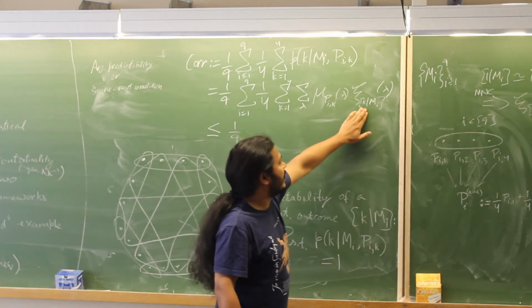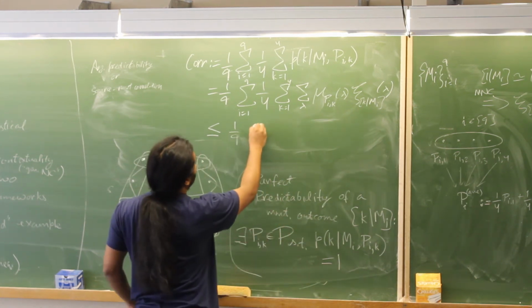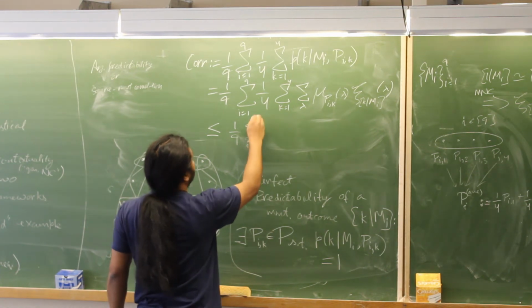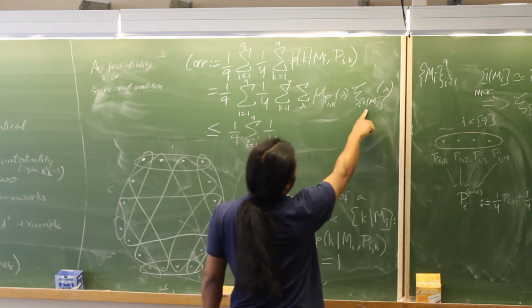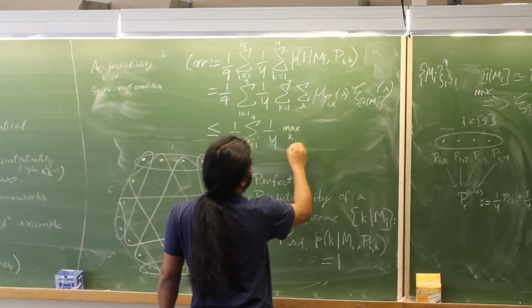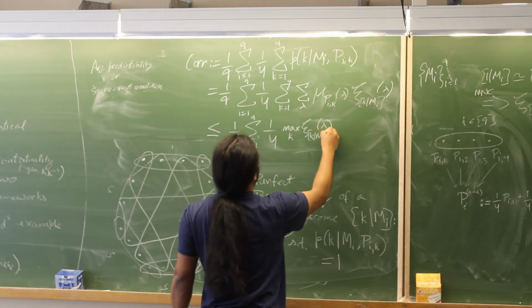So I take the max of this over k, because I just want something that's independent of k there. If I do a max over k, then I can take this thing out: max over k of the probability of k given M_i and lambda.